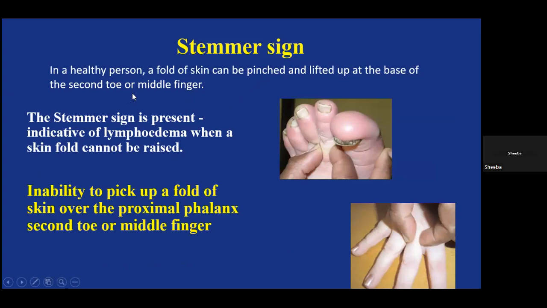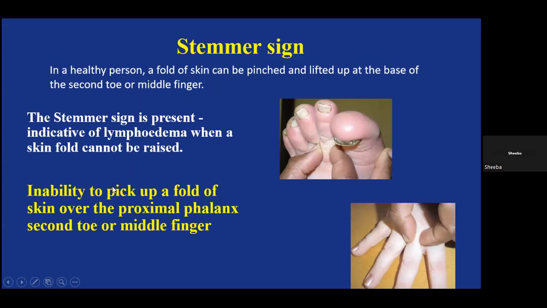In healthy persons, we are able to fold the skin at the proximal part of the second toe. But if the patient has lymphedema, you cannot lift the skin fold of the second toe. That is the Stemmer sign.